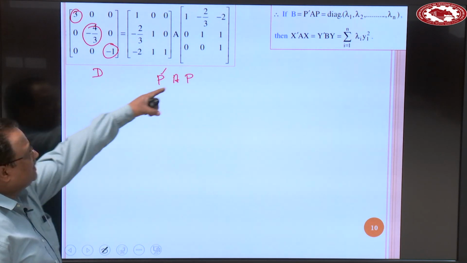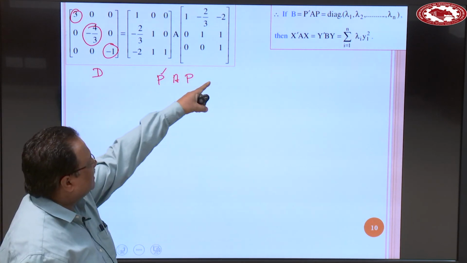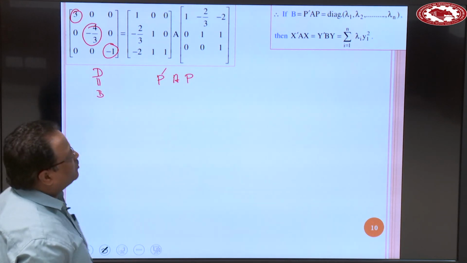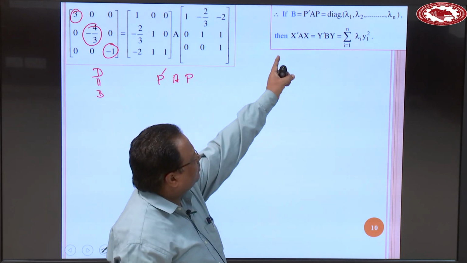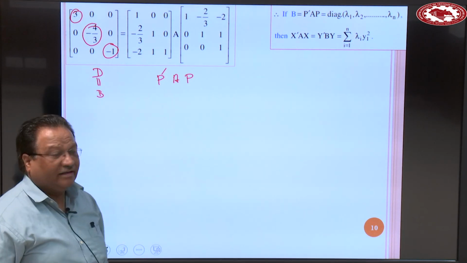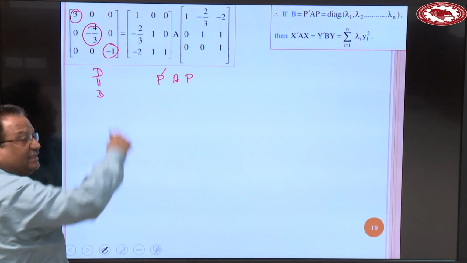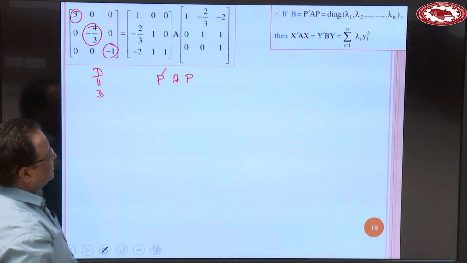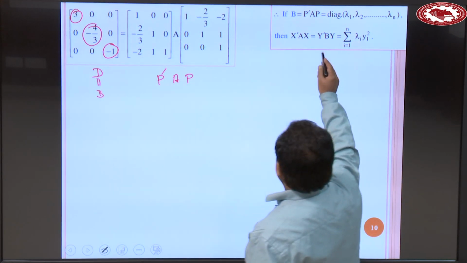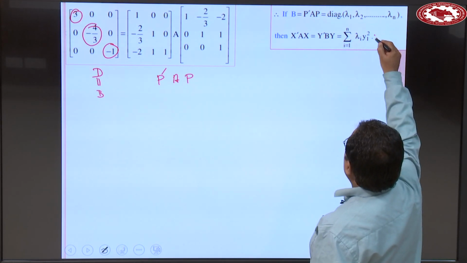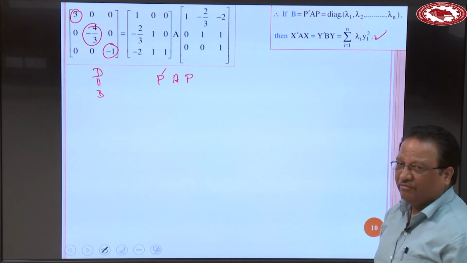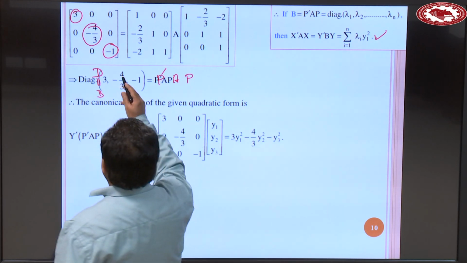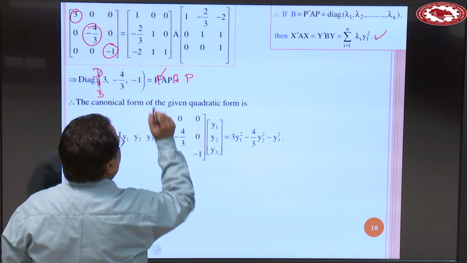Okay, this D is B. So B can be written as P dash AP is equal to diagonal lambda 1, lambda 2, ..., lambda n. This means these diagonal elements are nothing but the eigenvalues of the given matrix. Clear? So then x dash Ax is equal to y dash By, which is equal to summation lambda i yi squared, the canonical form of the given problem. Okay, so diagonal 3, minus 4 by 3, minus 1 can be written as P dash AP.